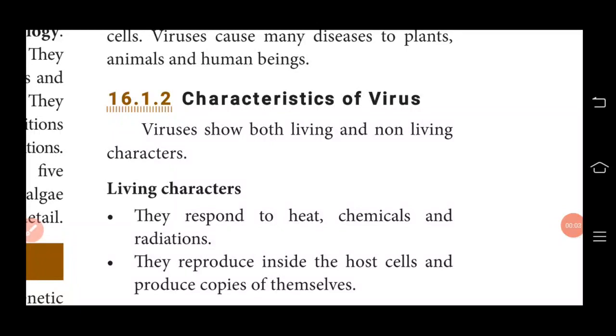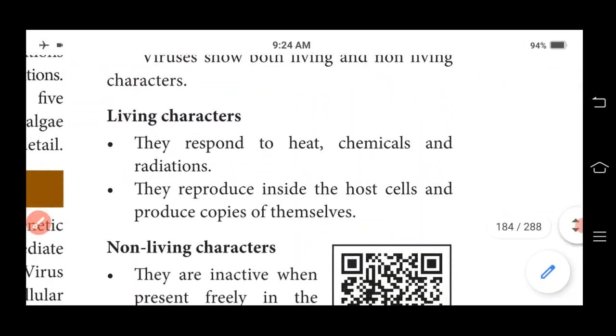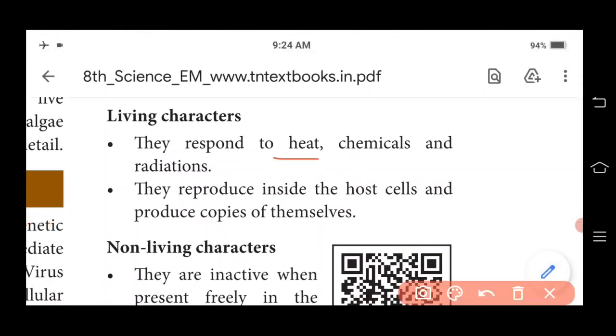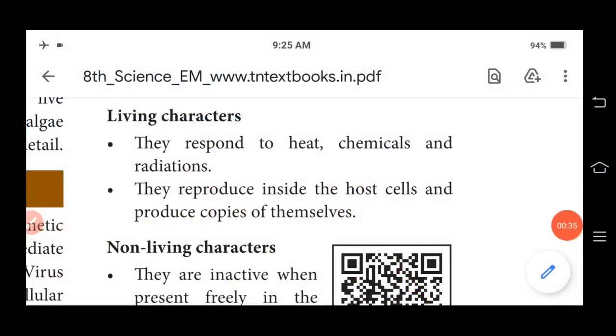Our next topic is characteristics of virus. Virus shows both living and non-living characters. Living characters: they respond to heat, chemicals and radiations, and also they reproduce inside the host cell and produce copies of themselves.